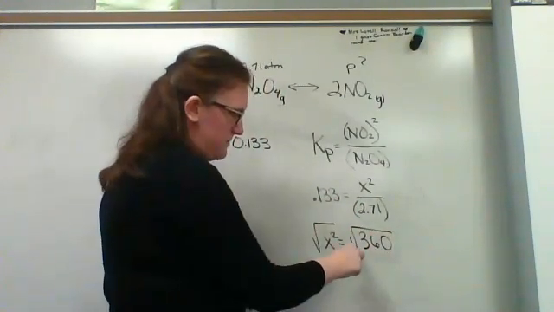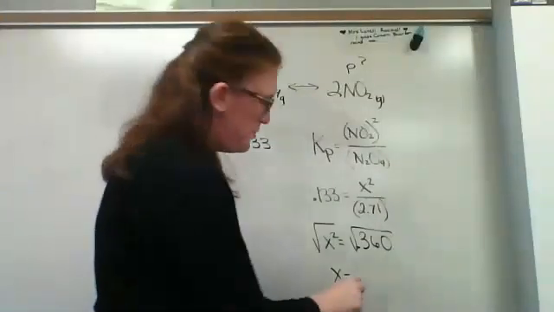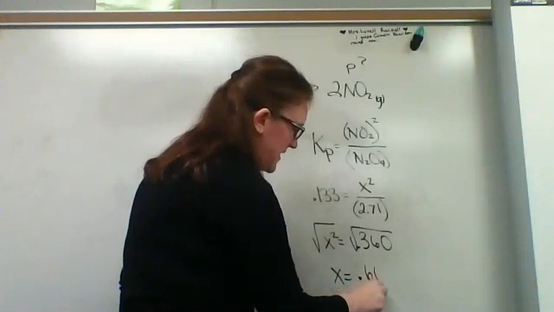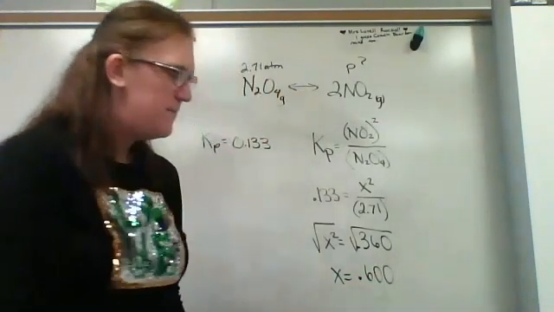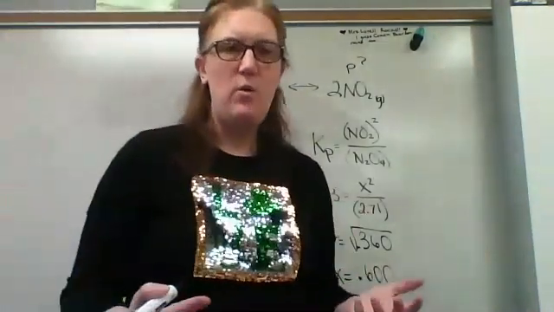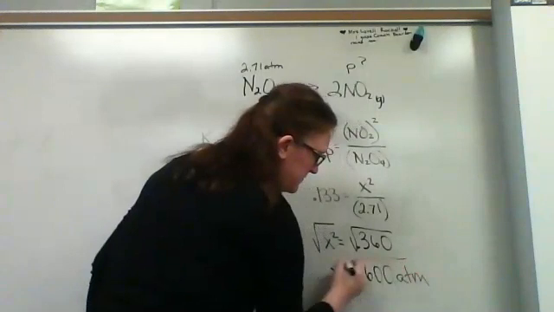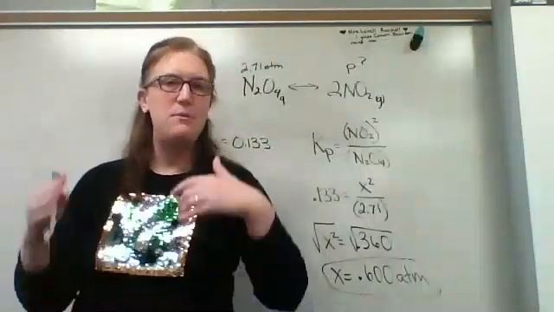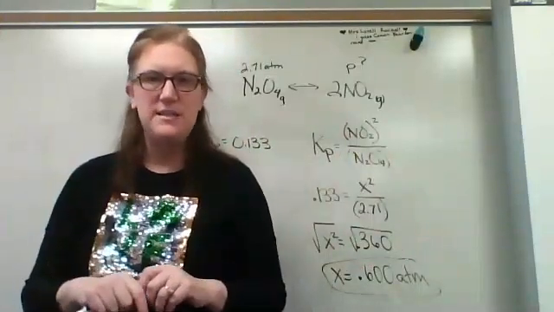The square root of x is equal to 0.600-something. Okay, 0.600 what, though? What were we trying to find? Atmospheres. ATM. All right, good. So that's how you're going to do that. That's a Kc problem, just like the way that you do Kc problems.